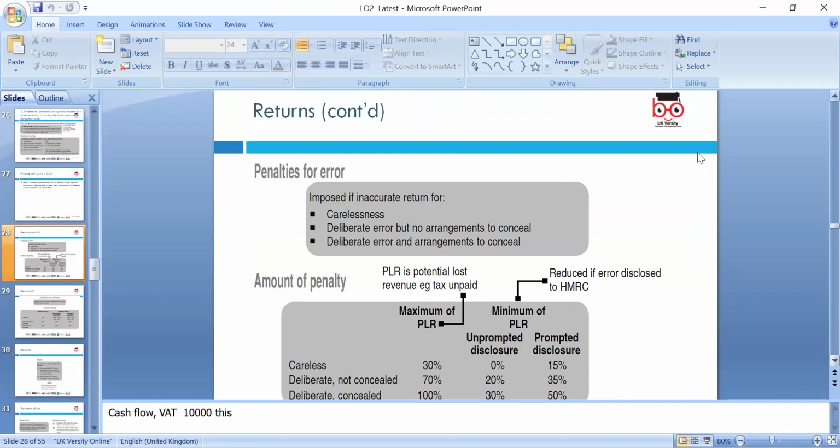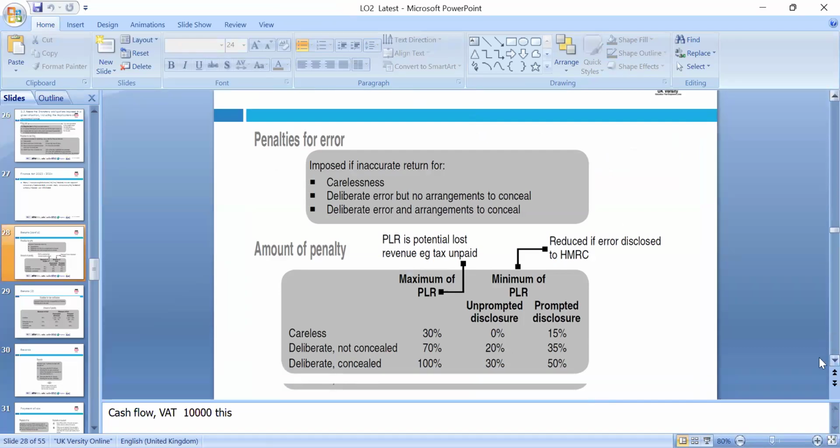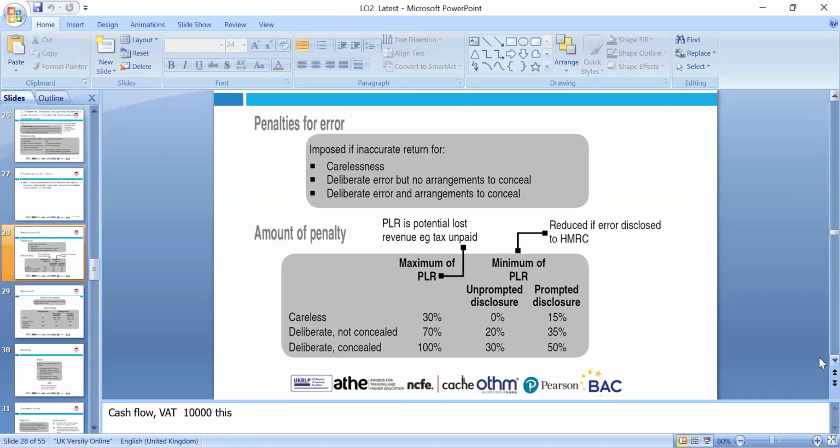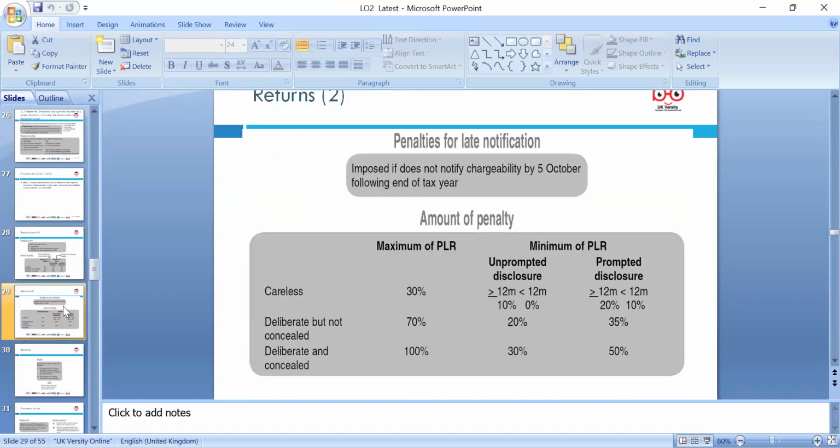So we need to look at the 30-70% fine of the tax, and prompt disclosure. It can be by percentage applied accordingly. So we have to look at the scenario of the client and advise them accordingly. Careless is 30%. We can look at deliberate but not concealed, and deliberate and concealed. So we have to look at these and we have to pay.